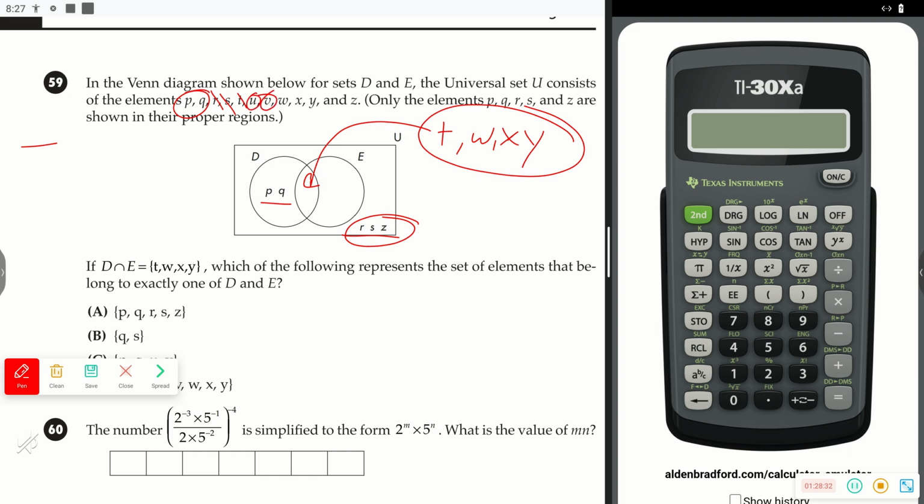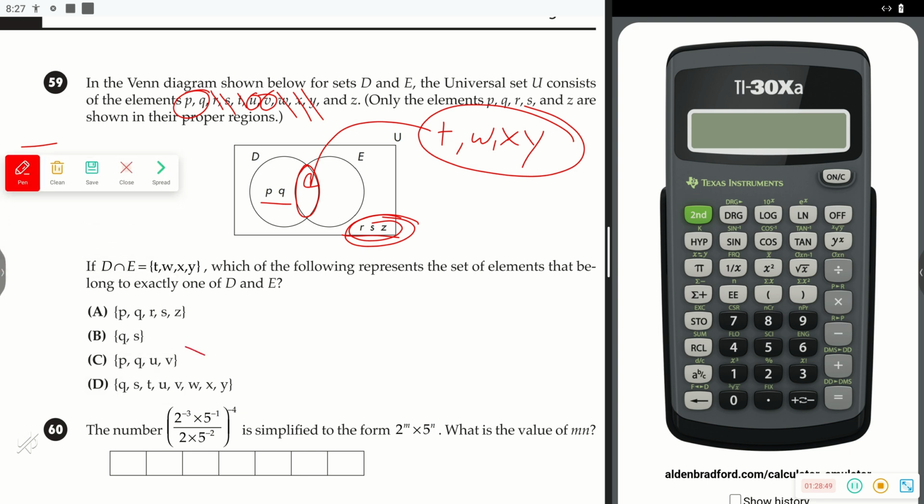V, I don't see V anywhere. W is bad. X is bad. Y is bad. Because look, these are in both, right? And these ones are not in either one because they're outside of it. So it's going to be P, Q, U, and V. Do we have one of those as our possible answers? Yeah. Answer C. That's the correct answer to number 59.